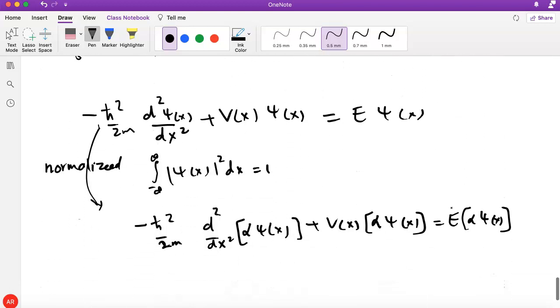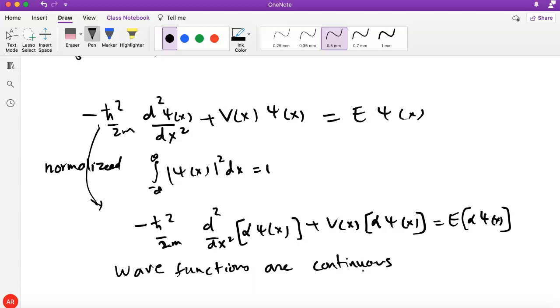Another important consideration is that wave functions are continuous. Again, this has to do with the wave function squared being a probability distribution. In order for it to make sense, for some region you have some probability of being in that tiny region.